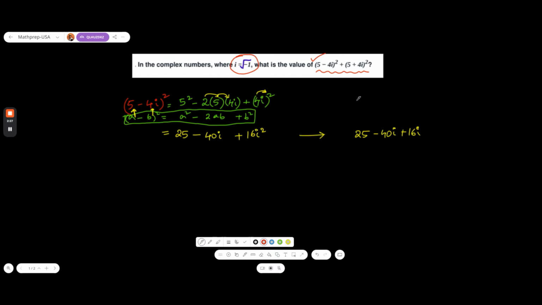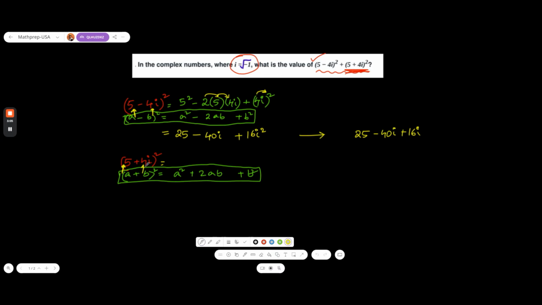Now let's take the second part of the question, which is (5 plus 4i) square. We see that this is in the form of (a plus b) whole square, right? Which is a square plus 2ab plus b square. You have to memorize the rules. Then, what is a square? In the place of a, it is 5 again.